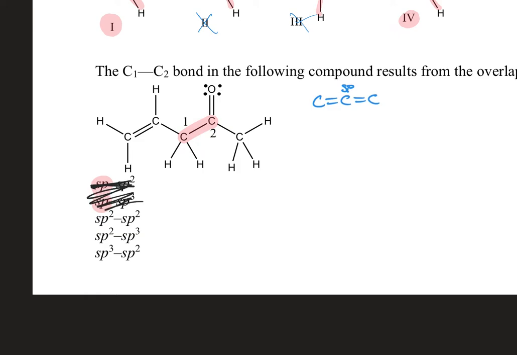The next is, are there sp3 orbitals? They each have sp2 as an option. But is there sp3? And the answer is yes. Because we have carbon 1 with electrons coming off in 1, 2, 3, and 4 directions. And then carbon 2 has electrons coming off in 1, 2, and 3 directions.